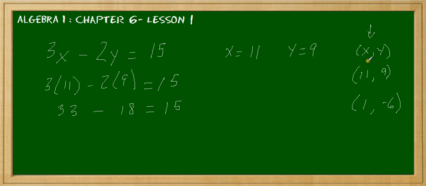There's your example. 1, 3 is completely different from 3, 1, because in the second case, 3 would be the x value. In the first case, 1 would be the x value. So be very, very careful with that. And we'll move on to our exercises next.